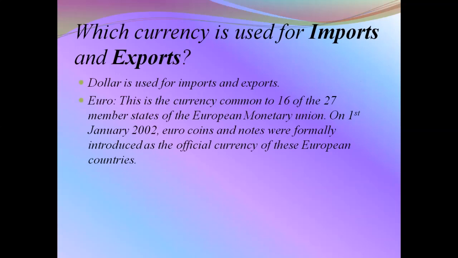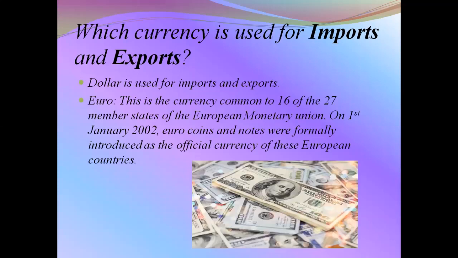On 1st January 2002, euro coins and notes were formally introduced as the official currency of these European countries. So, my dear students, these are the two currencies that are used for imports and exports of other countries or in Pakistan as well.